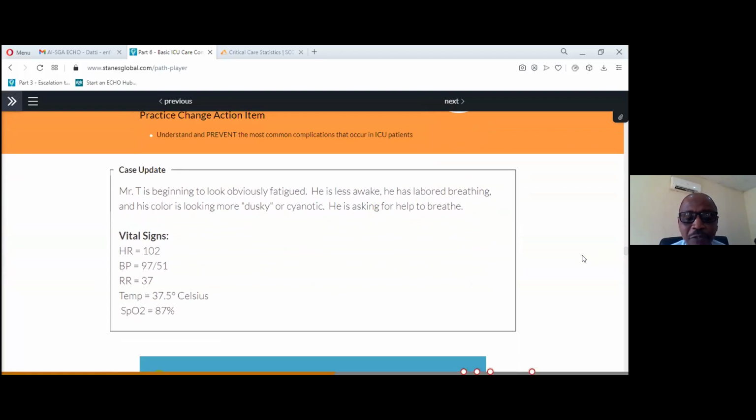Blood pressure has started to drop, 97/51. Respiratory rate has gone up from about 30 to 37 now. Temperature is a bit high, 37.5 degrees Celsius, and saturations have dropped from 91 to 87%.